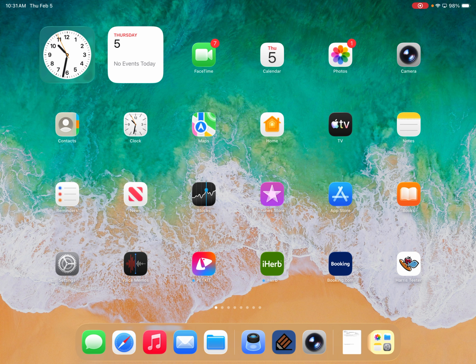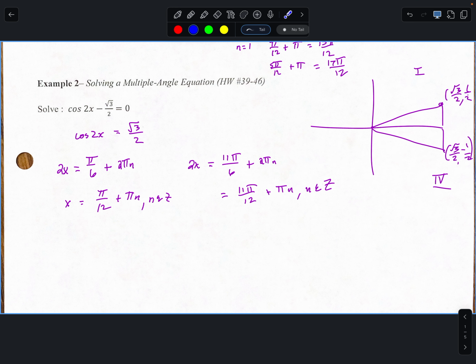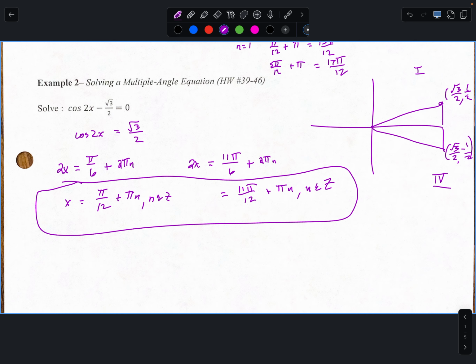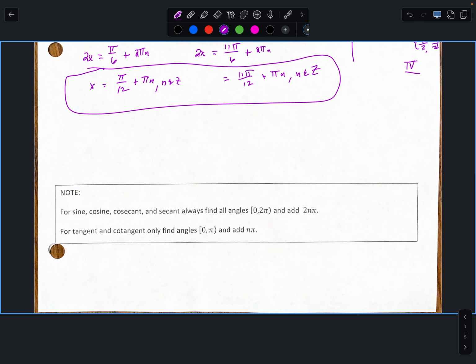So then we see this note. For sine, cosine, cosecant, secant, always find all angles from 0 to 2 pi and add 2 pi n. Here it's 2n pi, I write 2 pi n, same thing. But for tangent and cotangent, their period is pi.